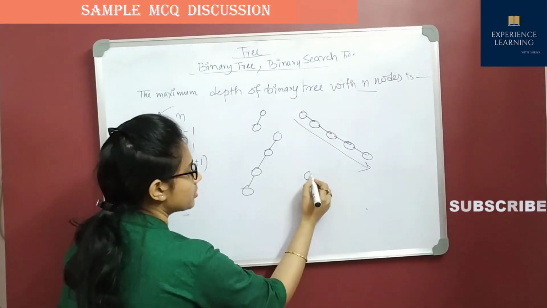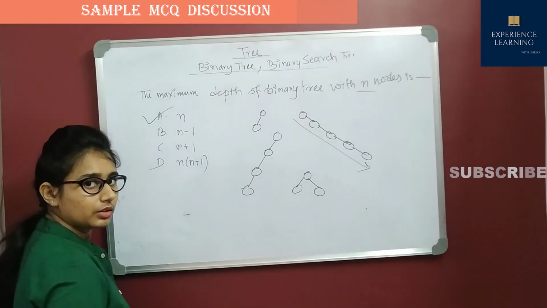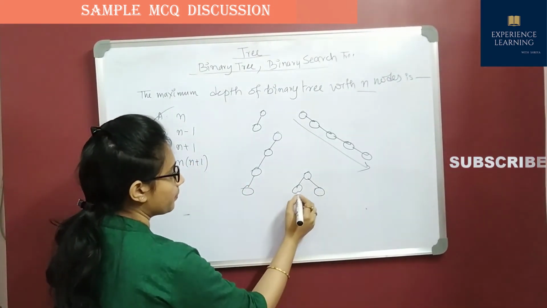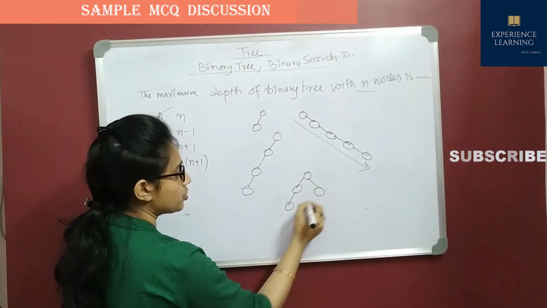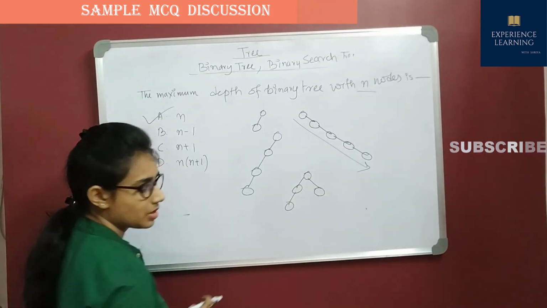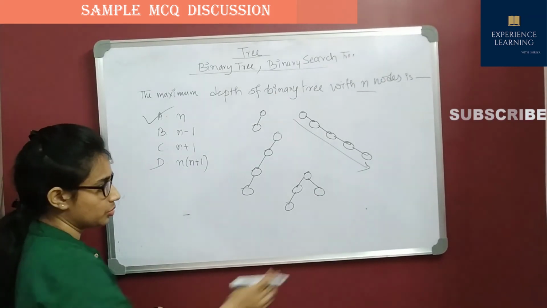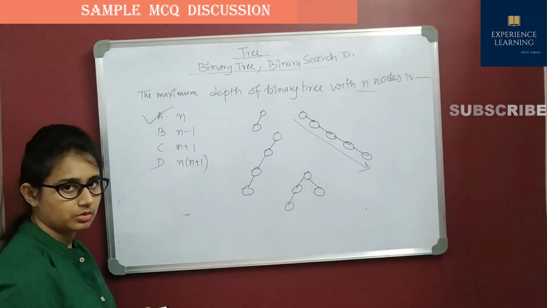If I draw this tree in this way, here the number of nodes you can see is 1, 2, 3, 4. Number of nodes is 4, but the depth is 3. But this is not the maximum depth we can reach using these 4 nodes.